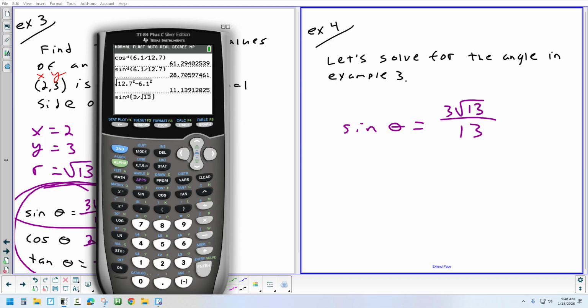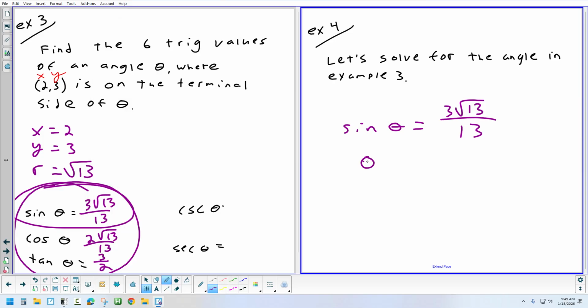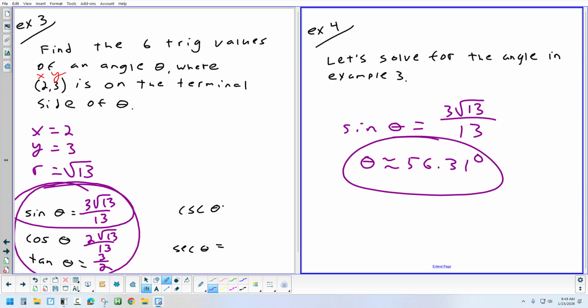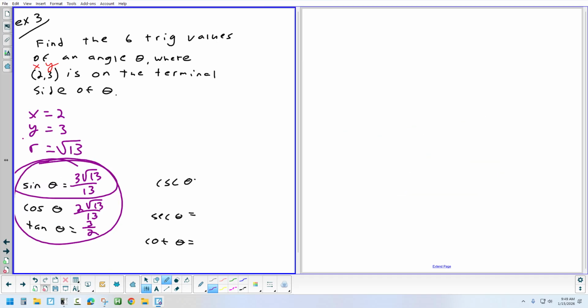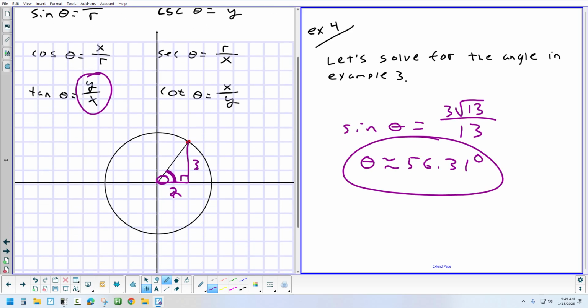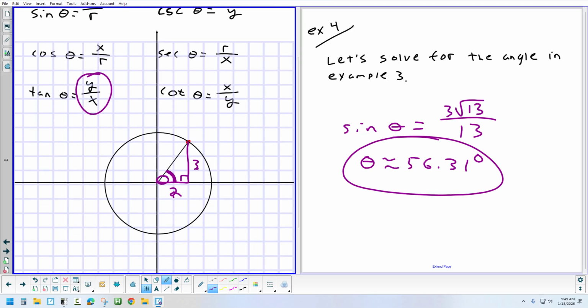Okay, and when I hit enter, I get an angle of, we'll call it 56.31. That is the size of the angle in this diagram, 56.31. So just because you have nice side lengths doesn't mean you're going to have nice angle measures. They might come up to decimals.